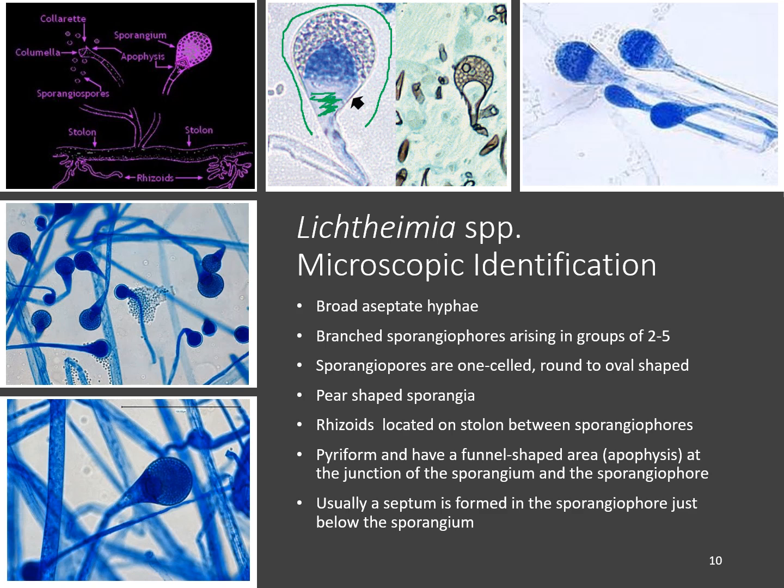So you can see the swelling right here, the apophysis. It also has rhizoids that are along the stolon that are offset from the sporangium. So you can see here in this image to the side where they are on the side of and not directly under the sporangiophores.